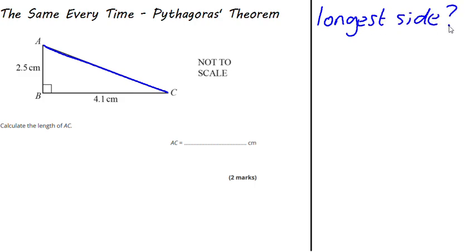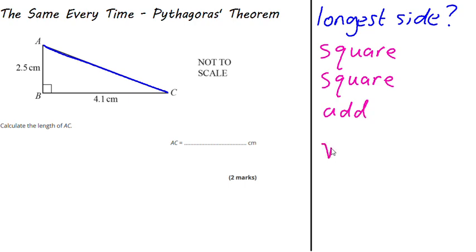If they're asking you to find the longest side, all you have to do is you need to square, add, and square root. We'll obviously look at some examples later, but remember that.